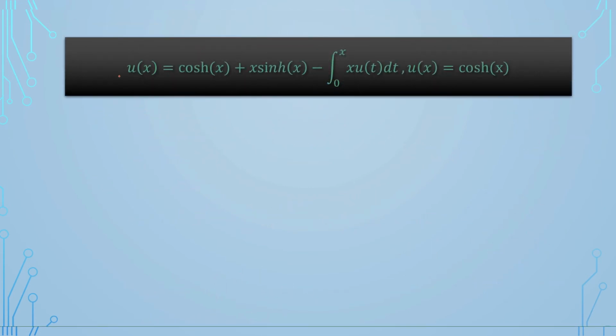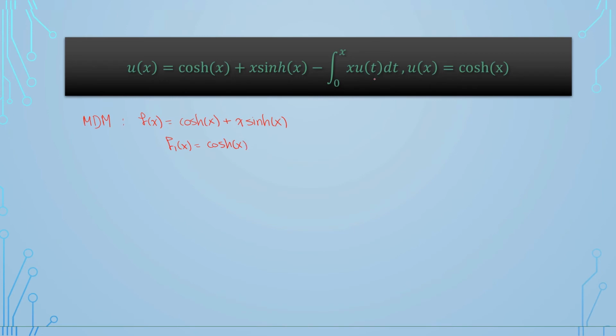This is our second example, of course using MDM. Our f of x is equal to cosine x plus x sine x. Let's take f1 of x equal to cosine x.